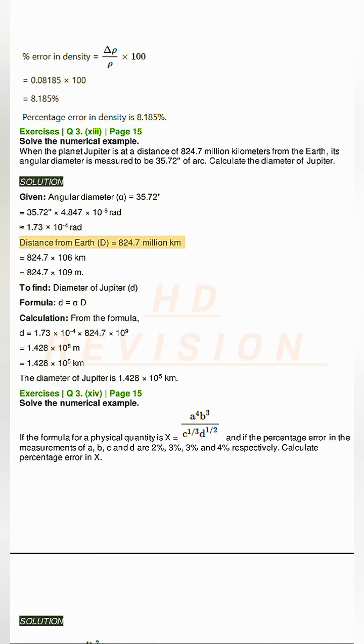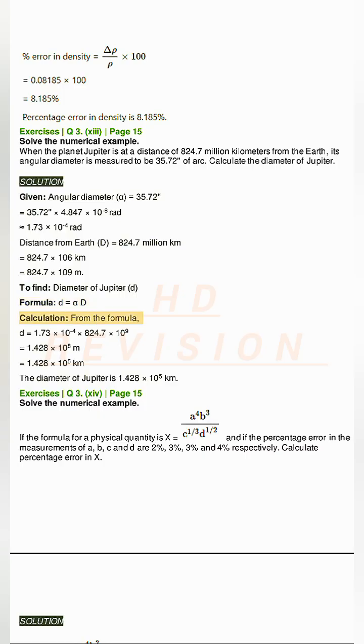Distance from Earth D equals 824.7 million kilometers, equals 824.7 times 10 to the 6 kilometers, equals 824.7 times 10 to the 9 meters. To find the diameter of Jupiter, d. Formula: d equals alpha times D. Calculation.